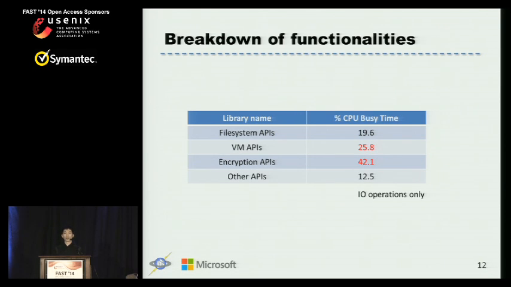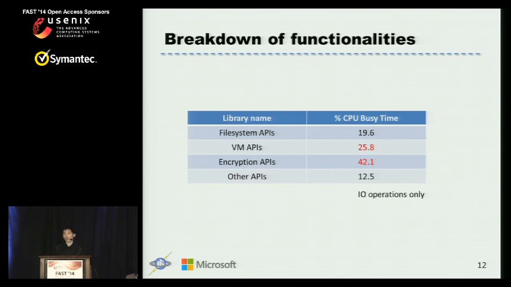So we know which API is running during the process and how much time each API is using. And then we classify them into 4 different categories. The first one is the file system APIs. The second one is virtual machine APIs. Because the applications on the mobile devices run on top of the virtual machine, there could be a considerable amount of virtual machine APIs.